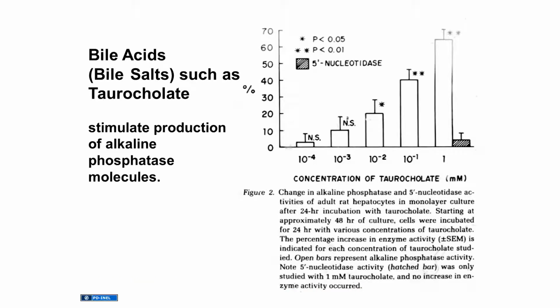So these are different concentrations of your taurocholic acid or your bile salts, and different levels of concentration will lead to an increased production of your alkaline phosphatase molecules.